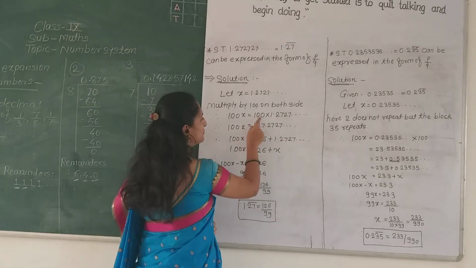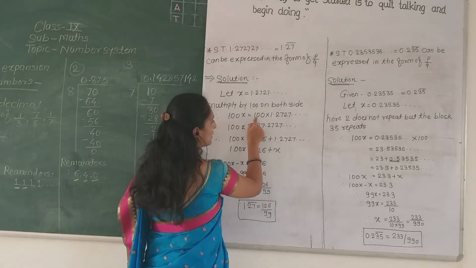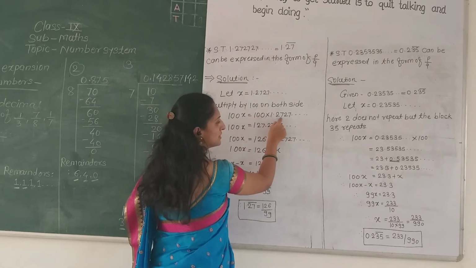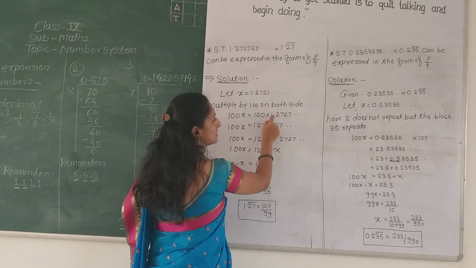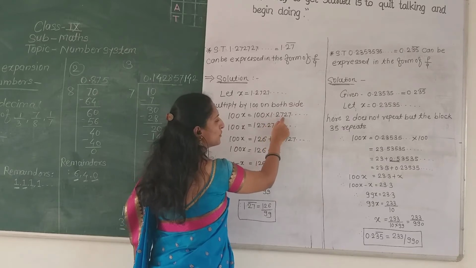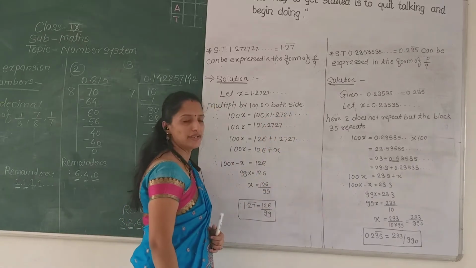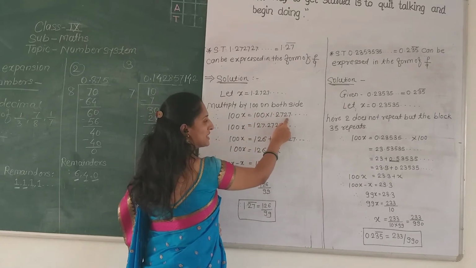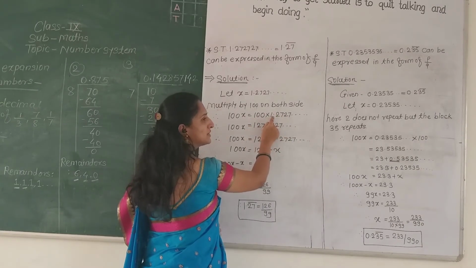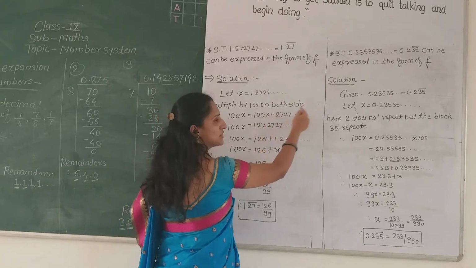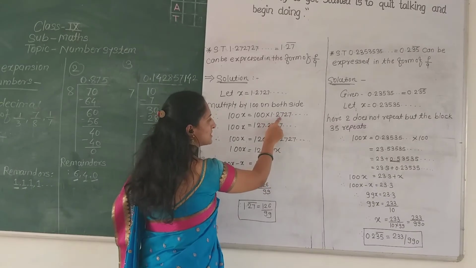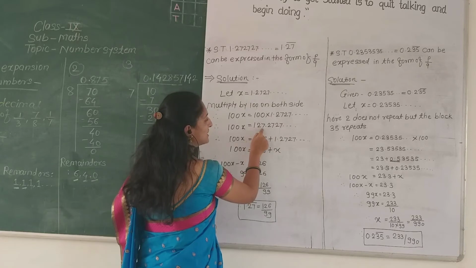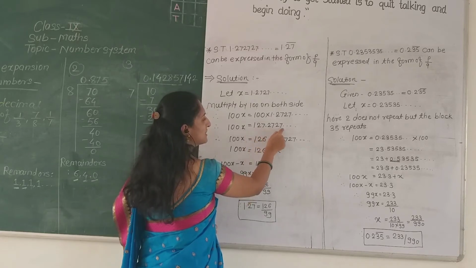Now whenever I multiply the decimal expansion by 100, the decimal point shifts 2 places towards the right. That means this number becomes 127.2727.